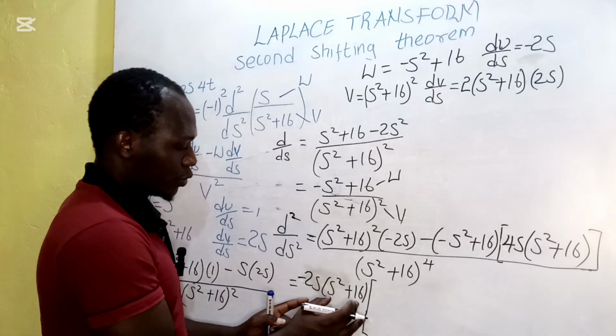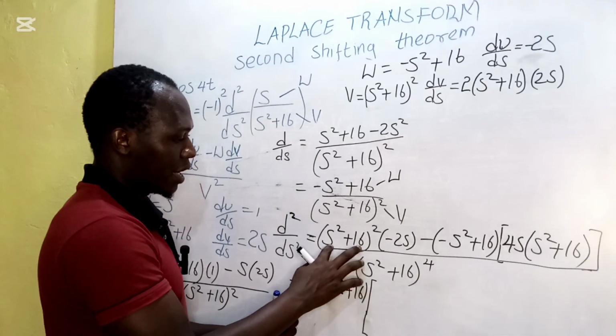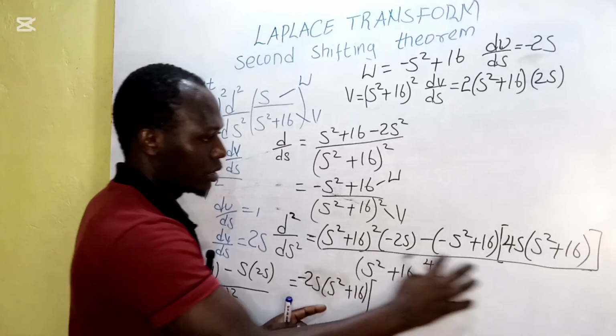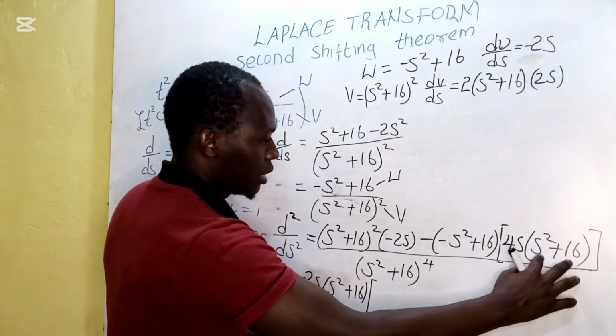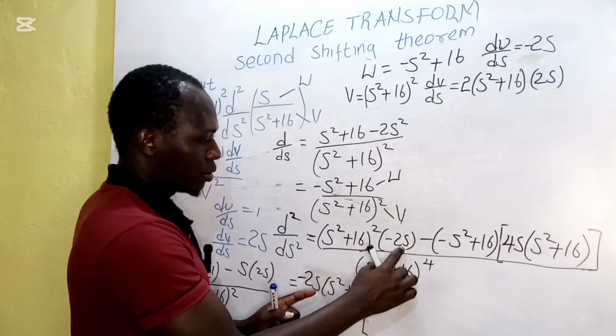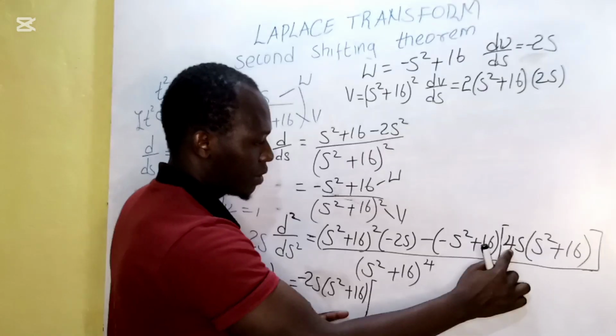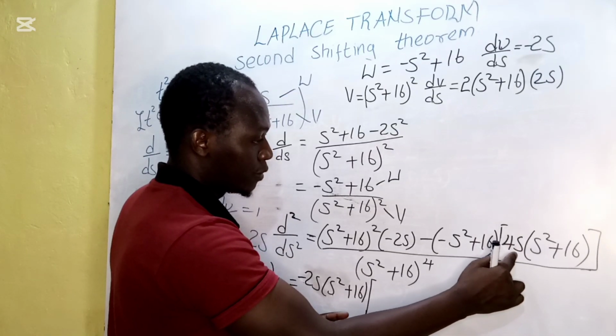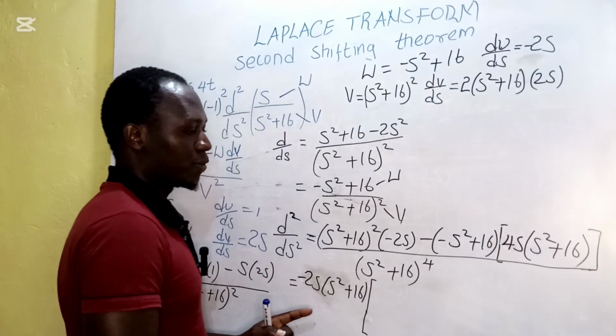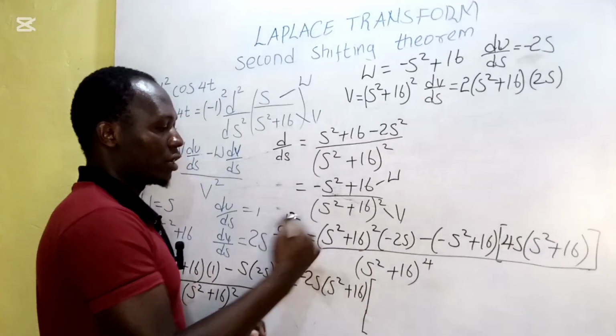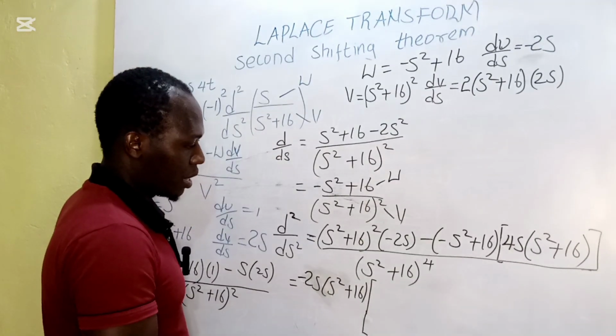This is what I'm going to factor out, because here I have a common term of this and a common term of this. Here I have a common term of negative 2s. It is possible to get it from here. This negative, I'm going now to factor them, all of them outside.